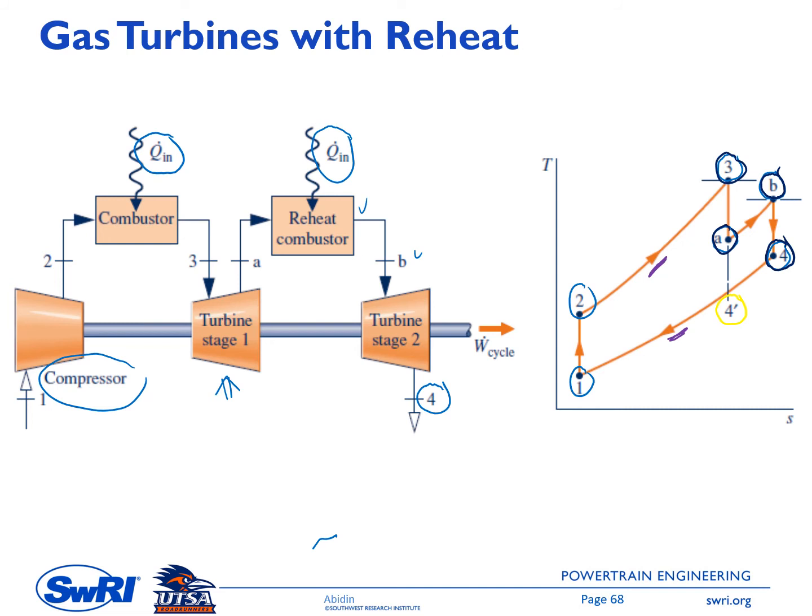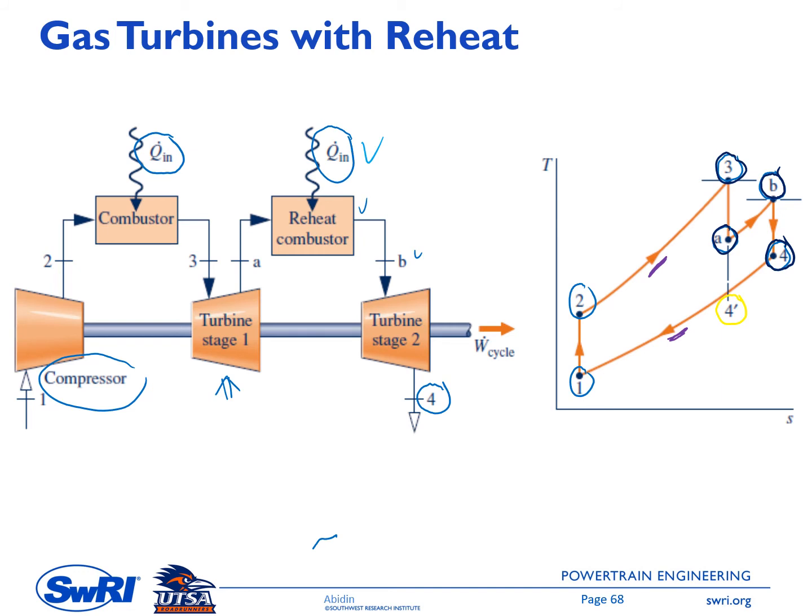So by having a reheat combustor, the net power of the system can be increased, but the thermal efficiency of the system would not necessarily increase because we need additional Q in here.